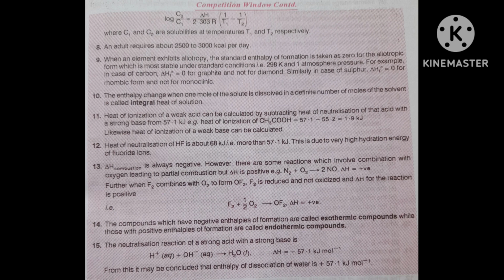Similarly, in case of delta HF, standard delta HF means formation, that is equal to 0 for the rhombic form of sulfur, not for monoclinic. Remember, for graphite the standard delta HF value is 0, and for diamond it is not 0, it has some fixed value.